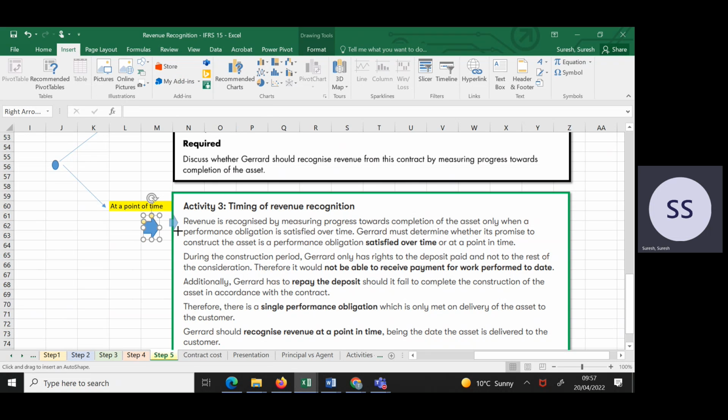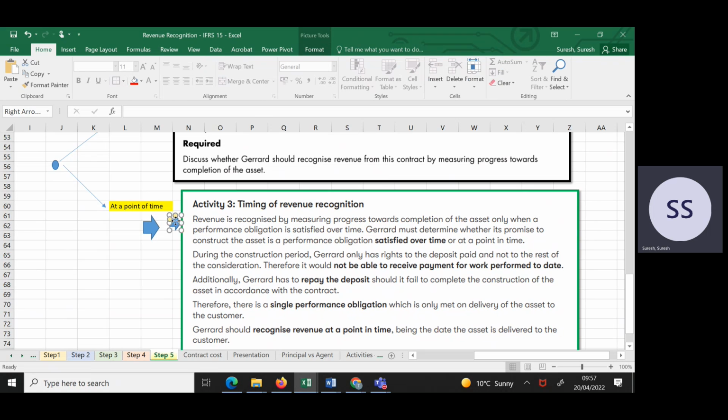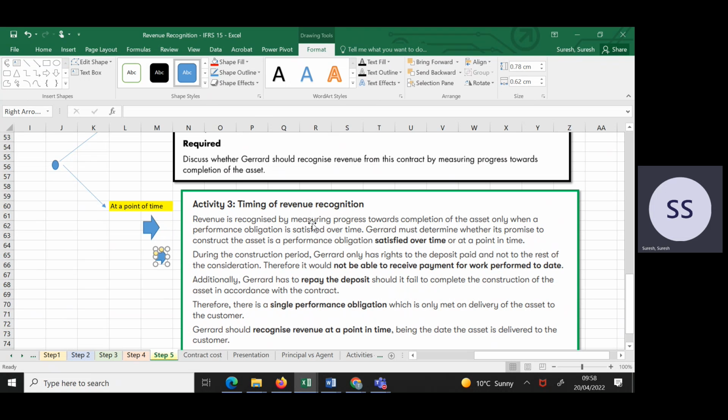The first one here, it says revenue is recognized by measuring the progress towards completion of the asset only when the performance obligation is satisfied over time. That means we can only recognize revenue by measuring the progress towards completion of the asset.